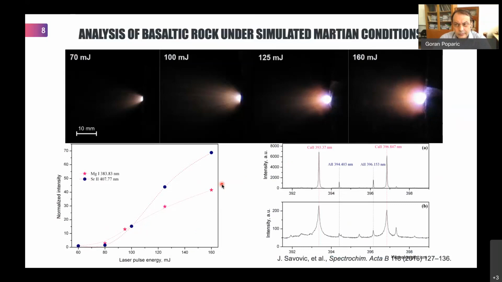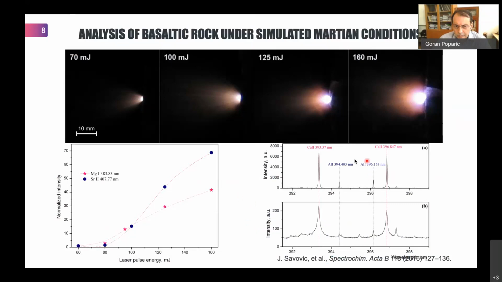Also, we optimized our T-zero LIBS measurements by selecting the plasma region which will be projected through the entrance of the monochromator. This spectrum is the average spectrum recorded on the plasma region about 4 millimeters away from the sample surface, and this one recorded about 10 millimeters away from the sample surface.